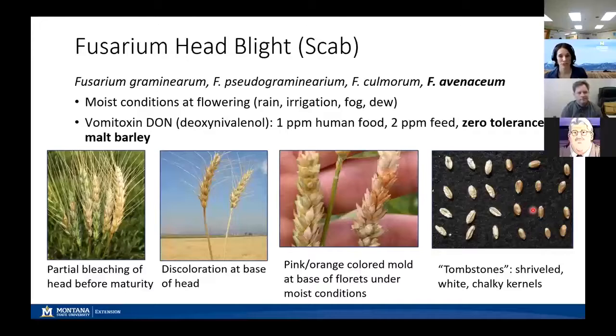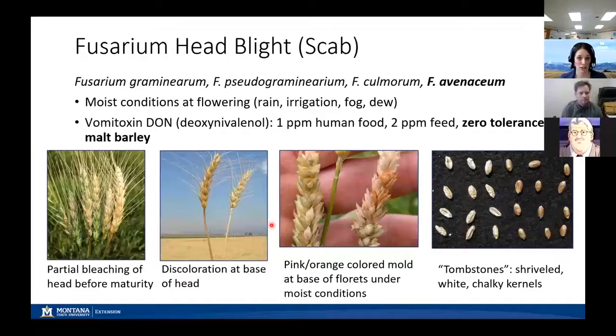So Fusarium head blight is a concern because obviously it reduces yields, and depending on the conditions and how much of the field can be affected, up to 74% yield losses have been described in the literature as a result of Fusarium head blight. It damages the crop in several ways. For one, it can cause sterility of infected spikelets, which will then not produce any grain, or the kernel size can be reduced.